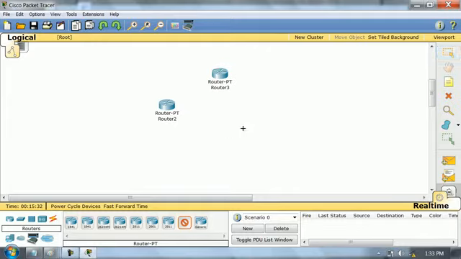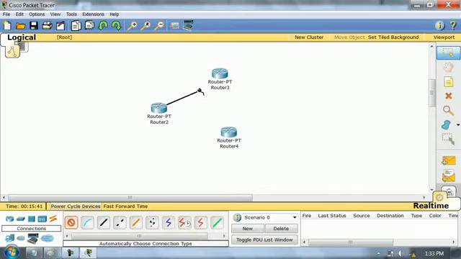Fine. We have 3 routers. We are using serial links, so I can use either way. We can use the exit interface, and we can use the next hop also. Fine.